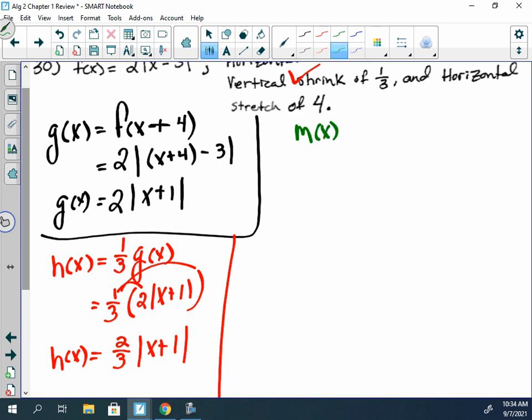It really doesn't matter. Now this is a horizontal stretch, so we're f parentheses a times x. It says the factor is 4, so what number do we put inside? Because remember with horizontal stretch and shrink, we have to flip it. So if it's 4, its reciprocal is 1/4.